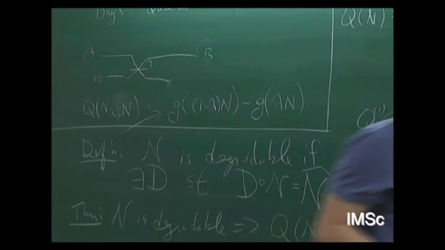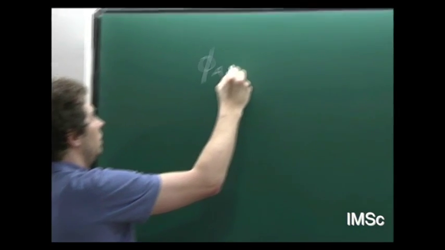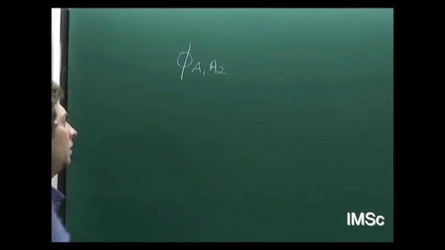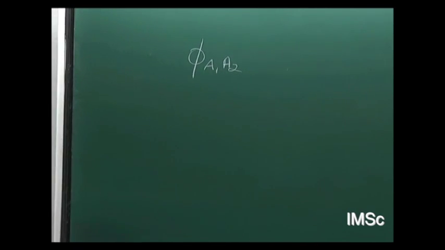Okay, so why does this work? Well, what you have to do is say, let's say I have a particular input state, phi A1 A2, that I evaluate the coherent information on.